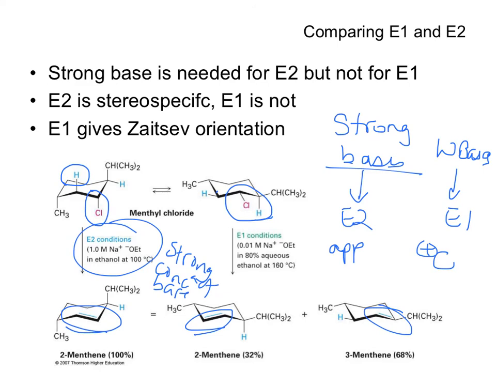So E1 requires formation of a carbocation, and the APP geometry doesn't have to be followed. E2, on the other hand, is very stereospecific, and that's what we look for in an APP geometry.